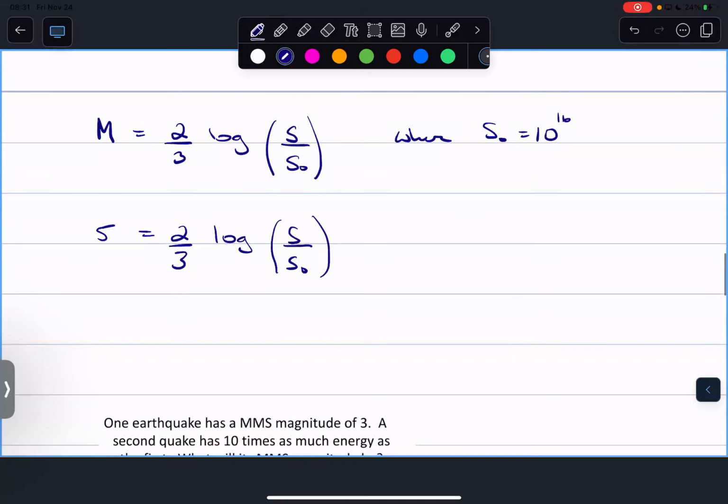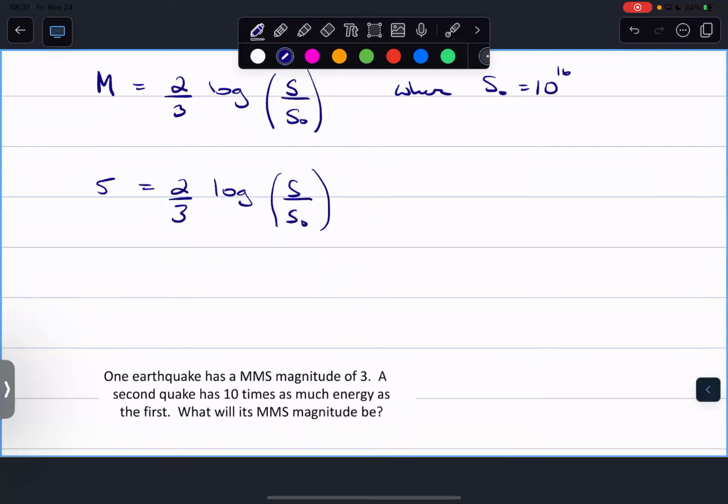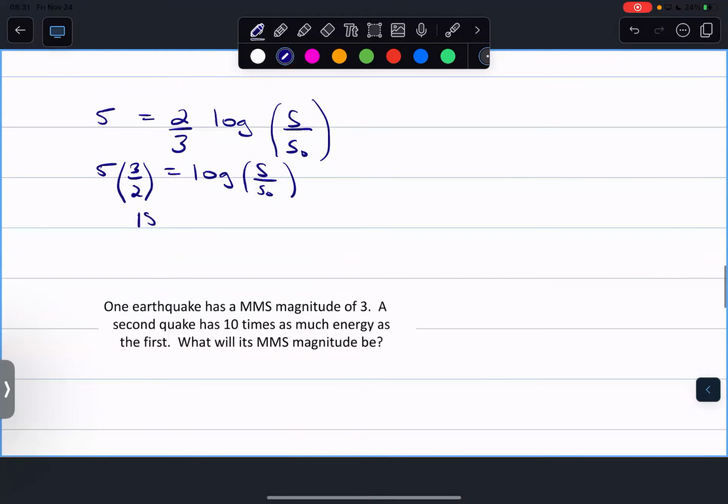So I have to multiply by 3 and divide by 2 over here. So I get 15/2. 5 times 3/2 is the log of S over S0. I guess I could do 7.5.